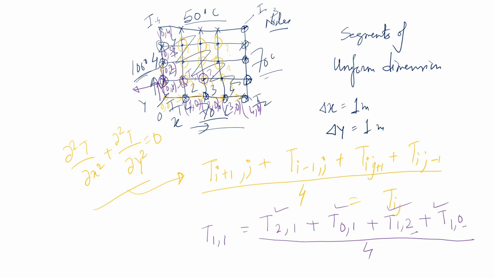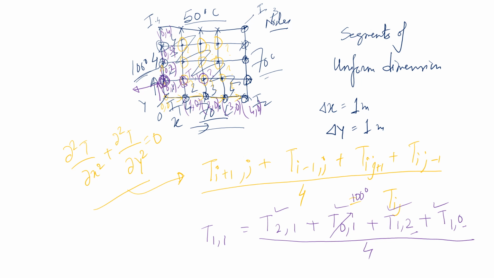All the points at the edge will be at the same temperature. So this T01, where x is 0 and y is 1, will be 100 degrees centigrade.